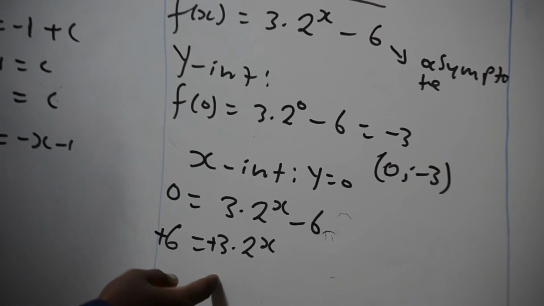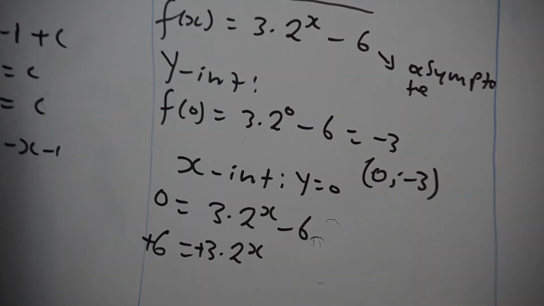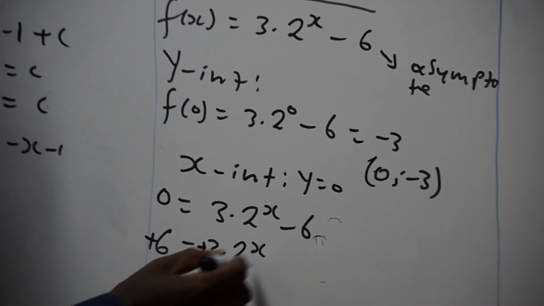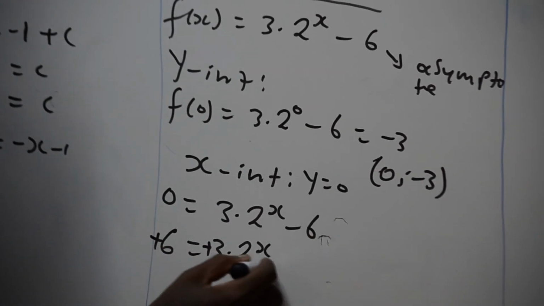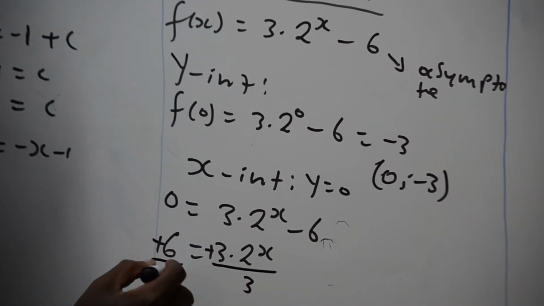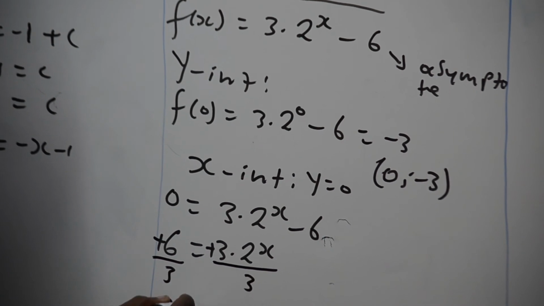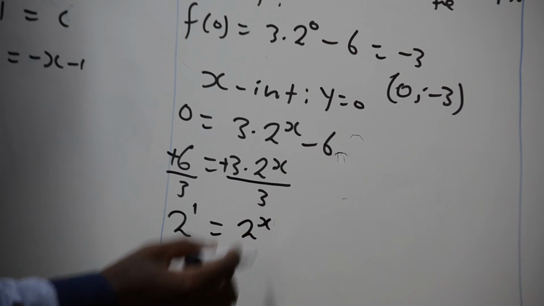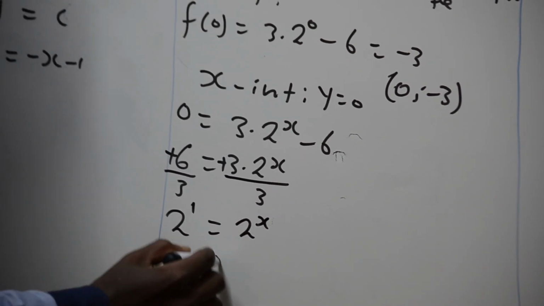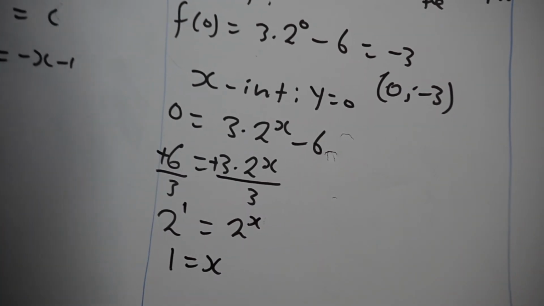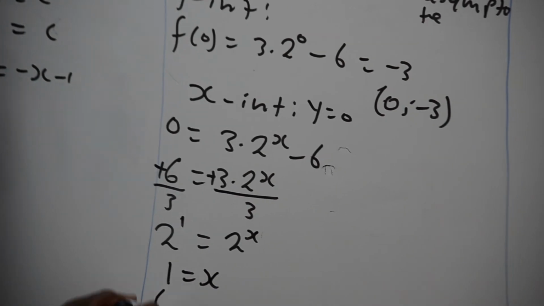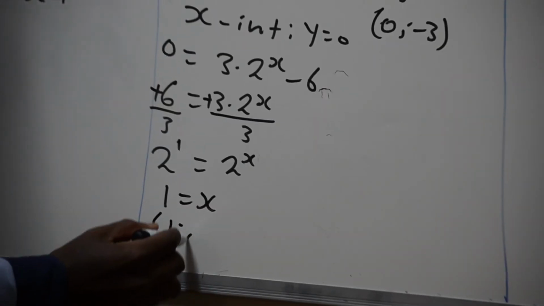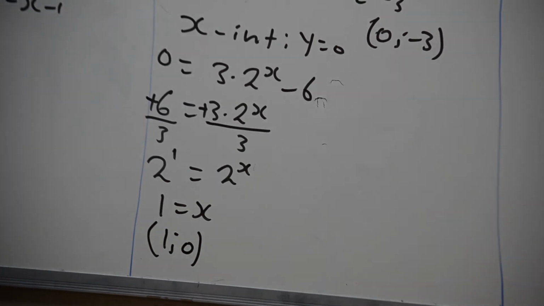Then you divide by 3 on both sides. So this is 2 equals 2 to the power x. When the bases are the same, we drop the indices. So x becomes 1. So our x intercept is 1 comma 0.